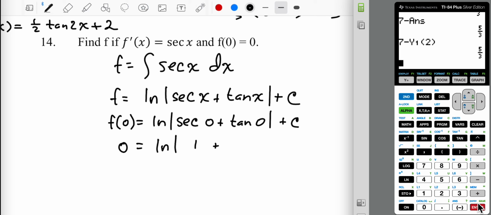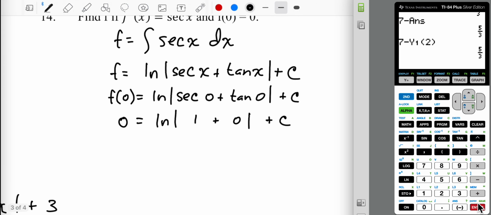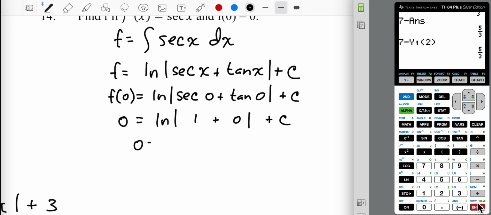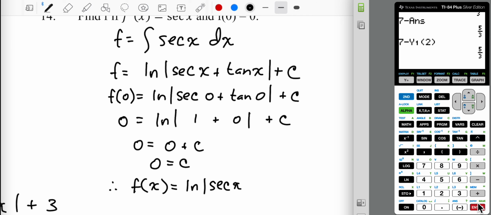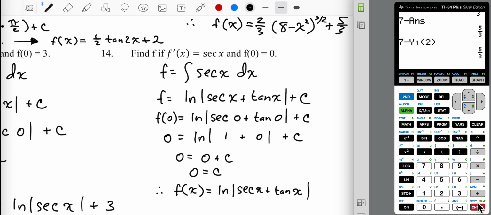Sine of 0 is 0. Cosine of 0 is 1. 0 over 1 is 0. So this ultimately gives us natural log of 1, which is 0. 0 equals 0 plus c. So 0 equals c. And therefore f of x is equal to the natural log of the secant x plus the tangent of x. And there it is.